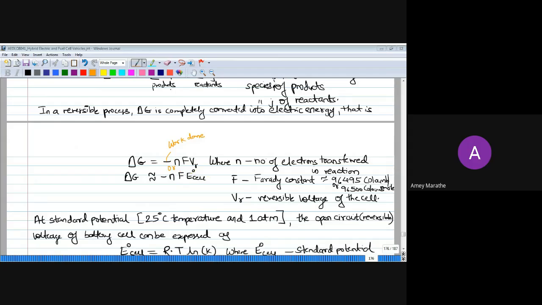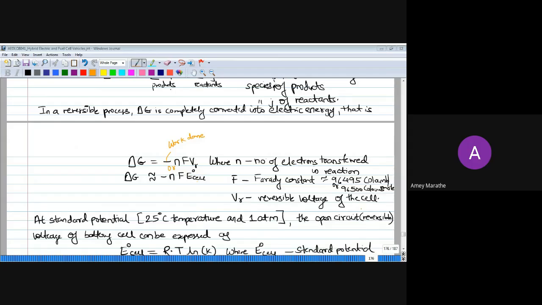Let us call it E_cell, where n is the number of electrons transferred in the reaction, F is the Faraday's constant, which has a value of 96,500 coulombs, and V_R is the reversible voltage of the cell, or the electromotive force of the cell, which we call E_cell.